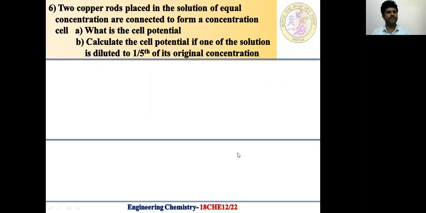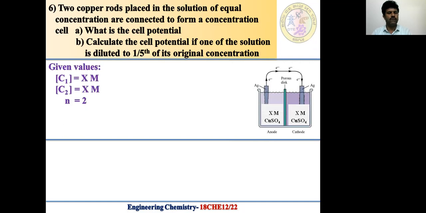Problem number 6. Two copper rods placed in the solution of equal concentration are connected to form a concentration cell. Question A, what is the cell potential? Question B, calculate the cell potential if one of the solutions is diluted to 1/5 of its original concentration.